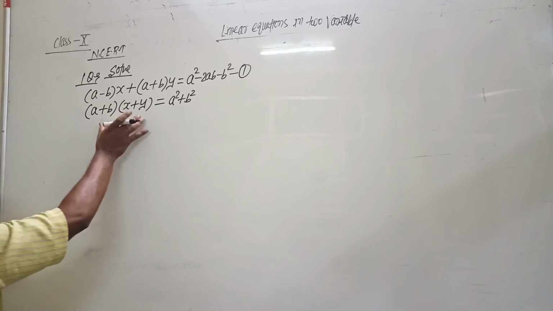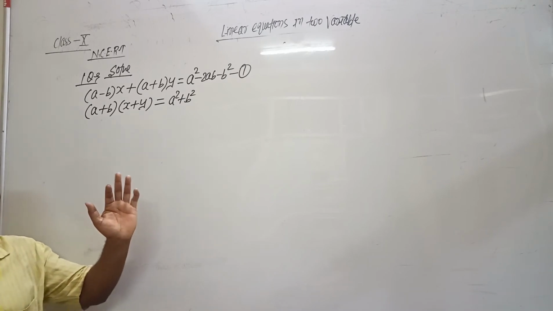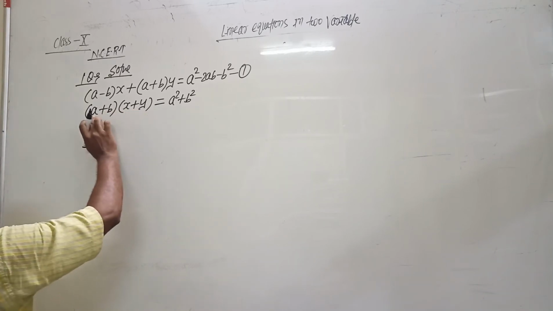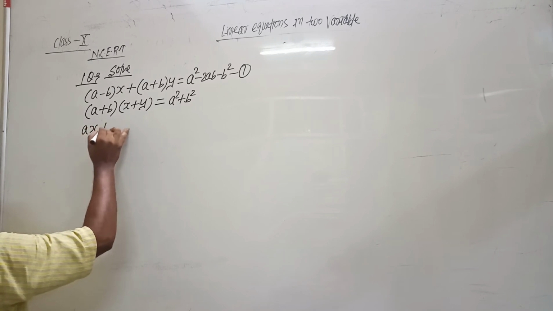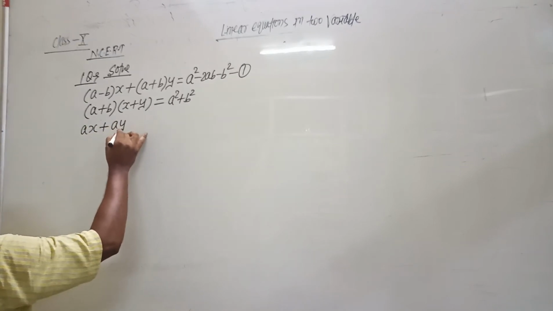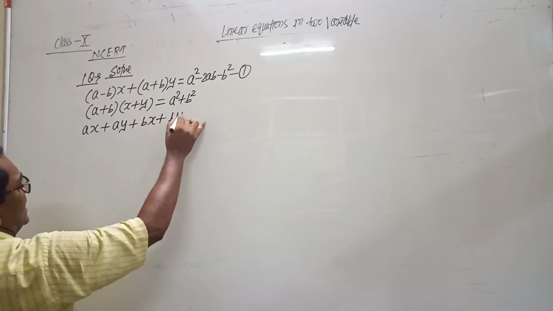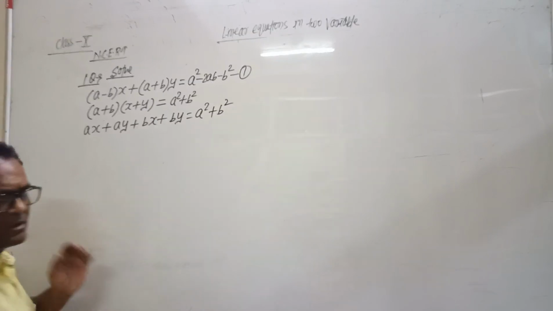We solve this equation, and firstly we will write this equation in a standard form. So we remove the bracket. A multiplied by both the terms. So a into x plus a into y plus b into x plus b into y equals to a square plus b square.